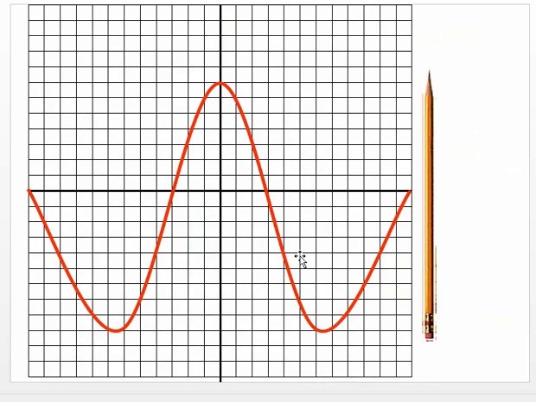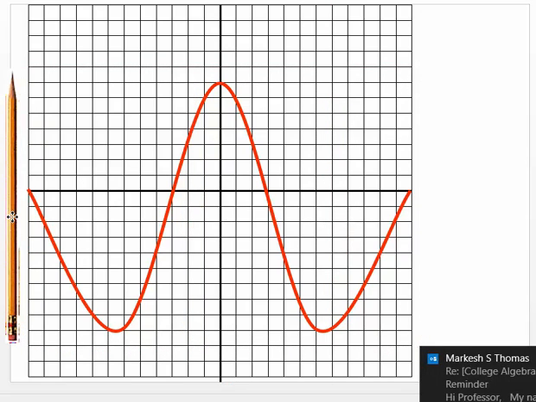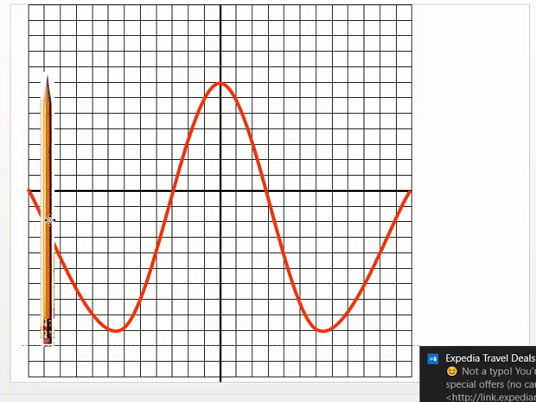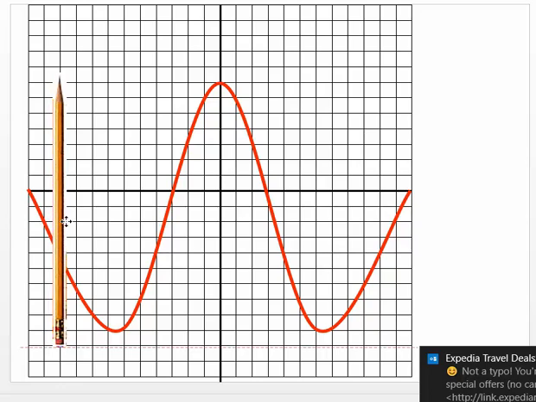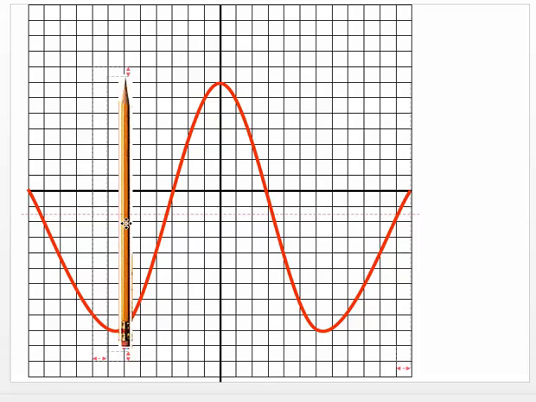In the same way, we can check if a relationship is a function with its graph. Let's look at another example. Let's look at this relationship and let's run together the vertical line test. We start at this point and we move the pencil. We can see that at every point that we go with the pencil, for every x on the x-axis, there is only one y on the red curve.